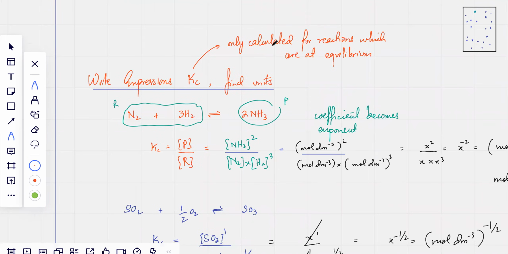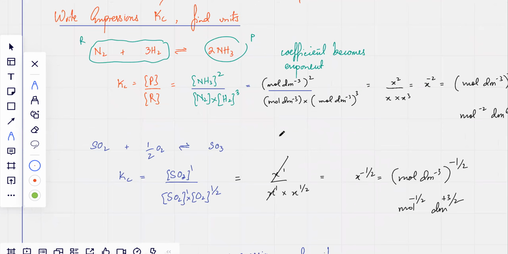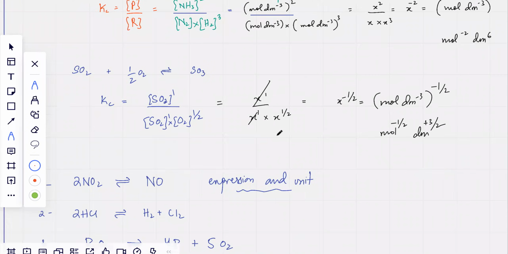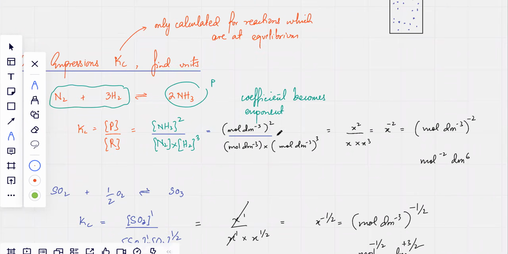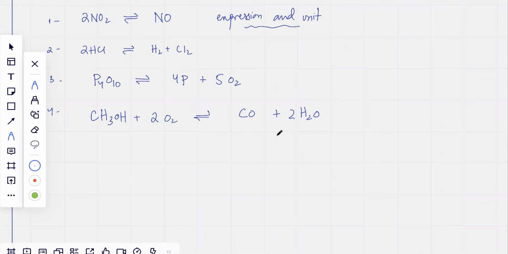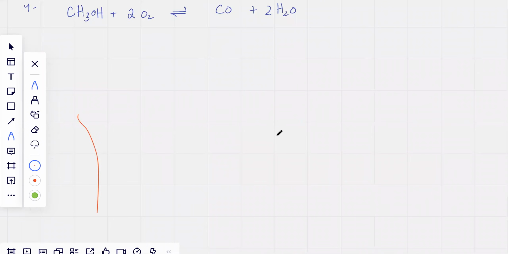And I told you that Kc is only calculated for reactions that are already at equilibrium. We figured out how to write the expression, we figured out how to write the units, and that's about it. So I'm just going to do one or two questions which I gave you.